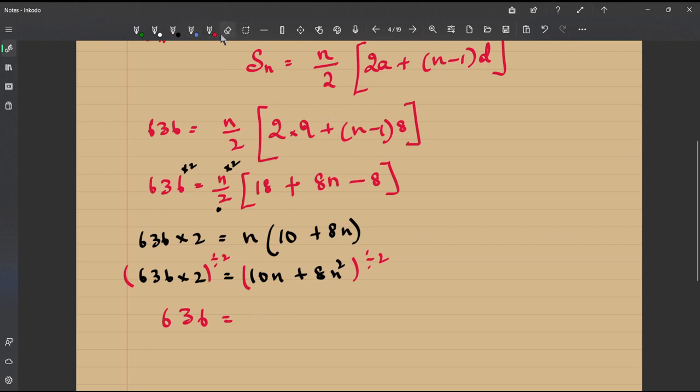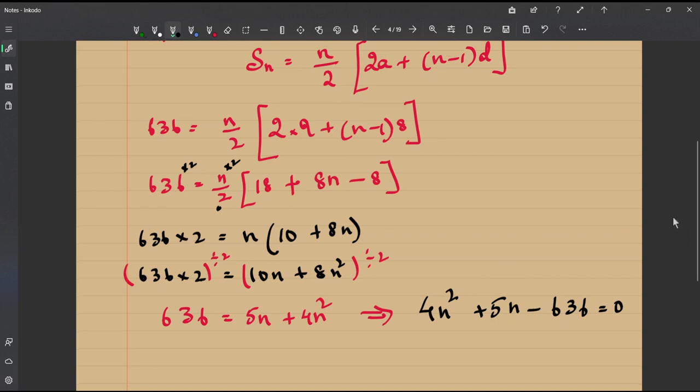We are dividing by 2. We can divide both terms, 10n by 2 and 8n squared by 2. We get this, which can be rewritten in the standard quadratic form as 4n squared plus 5n minus 636 is equal to 0. We are just subtracting 636 on both sides of the equation.